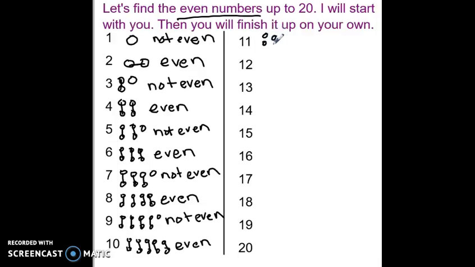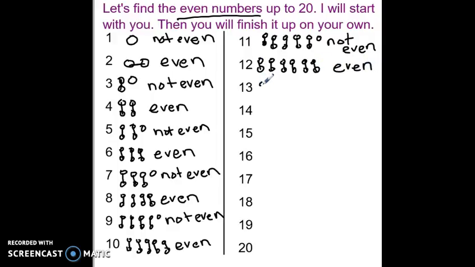So let's draw 11. Partner them up. 11 is not even. Now do 12. Partner them up. 12 is even because they all have a partner.